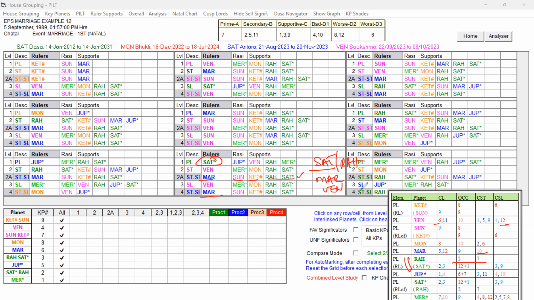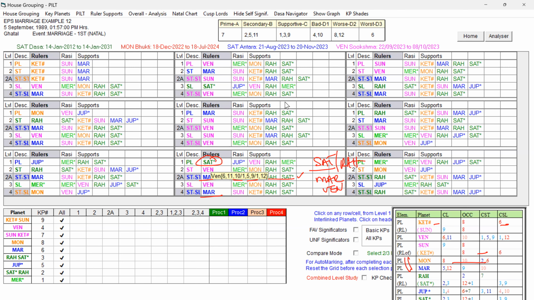So now we have to check the Bukti Lord, which Bukti is favorable. In Saturn Dasa, Saturn Bukti itself is a marriageable age only, but it is not strong enough to conduct the marriage during its own Bukti, because the Bukti Lord should be stronger.